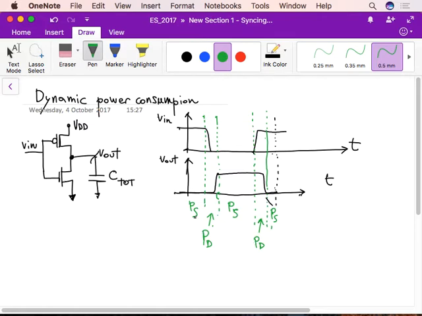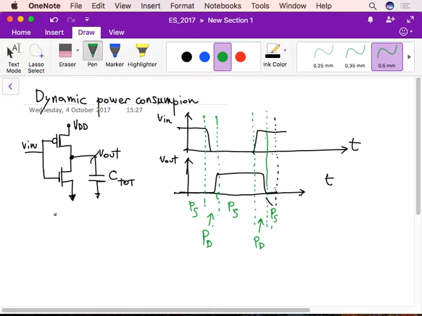Now, the easy thing is not to consider the power consumption instant by instant, but to consider the total energy dissipated for the switching during a period, so that we have an idea of the average dynamic power consumption.